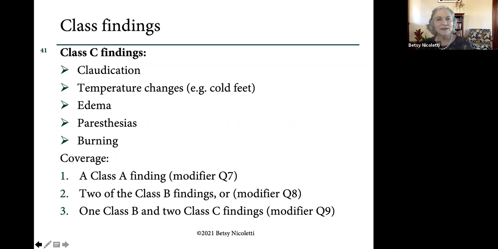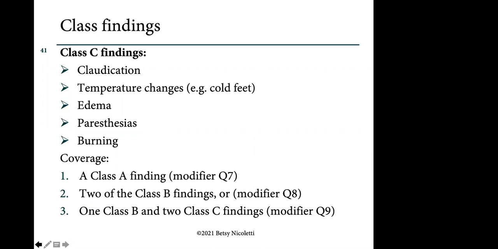For the other ones, it's really very gray. If what you're doing is explaining the procedure, what's going to happen, if you're documenting informed consent, you're doing the procedure, and then you're telling them what to expect afterwards, I would bill just for the procedure. Okay. Thank you.